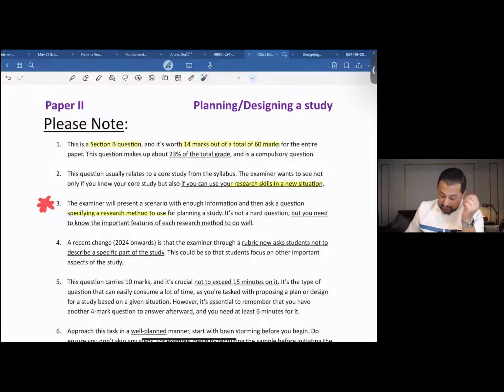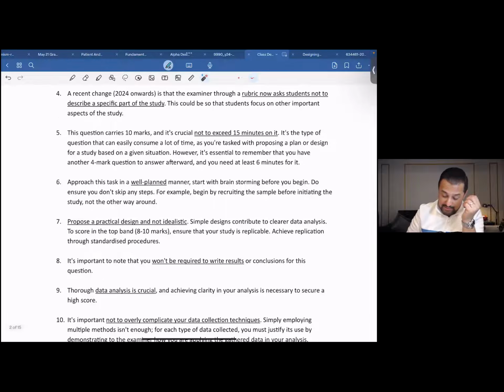So yeah, a recent change from 2024 onwards is that the examiner, through a rubric, through an instruction, would ask you not to describe a specific part of the study. This could be so that students focus on other important aspects of the study. Again, when I show you a question, this would make more sense to you.